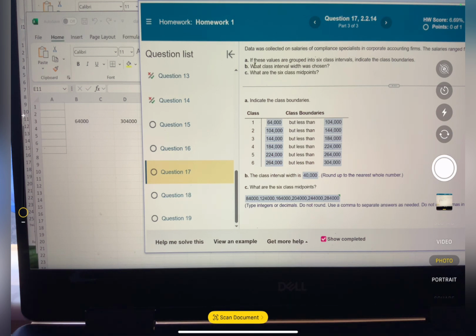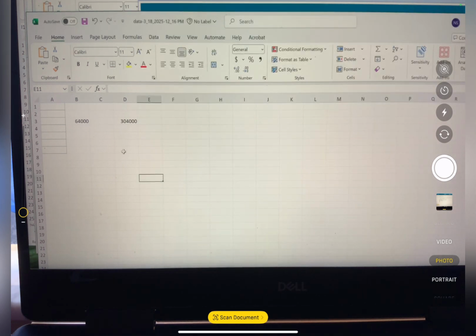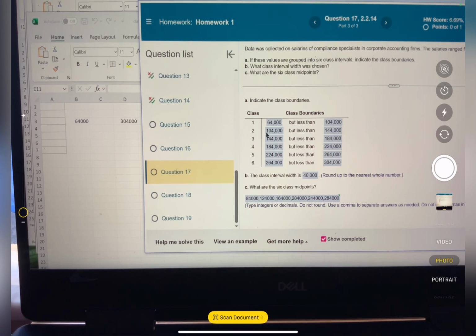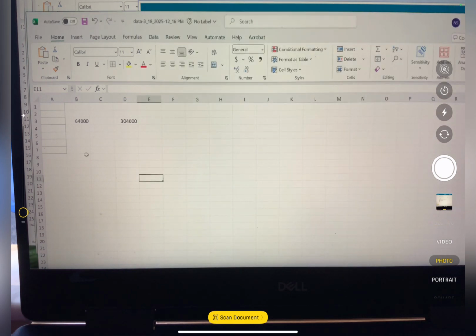A. If these values are grouped into 6 class intervals, indicate the class boundaries. Okay, 6 classes. So to find the class width, this is class boundary 64 till 104. So we need to get class boundaries here. How are we going to do it? We're going to get first the range. I'm typing here.